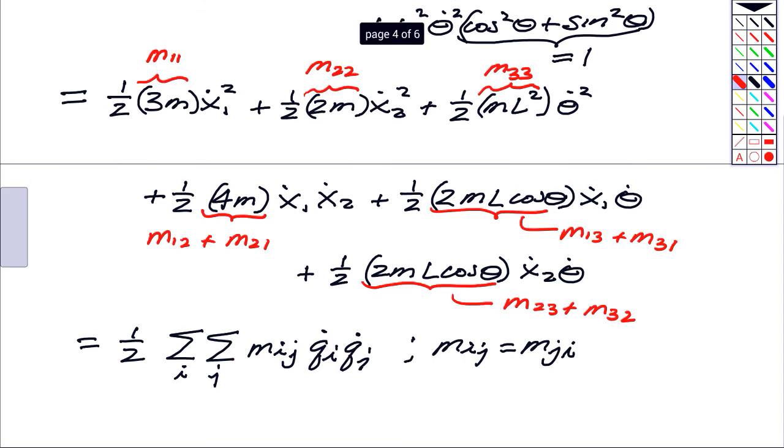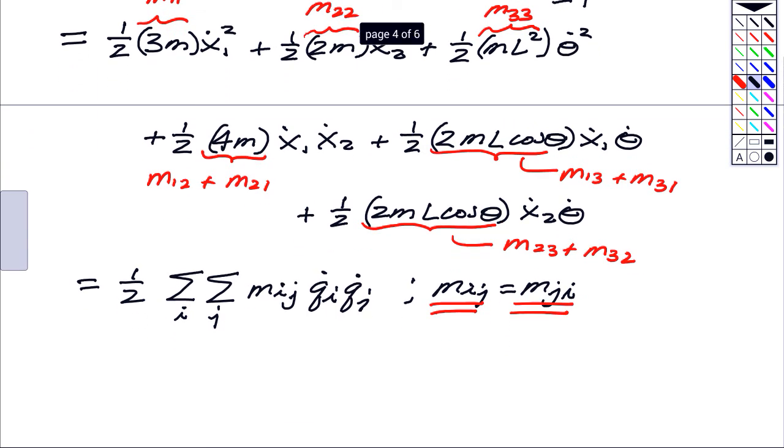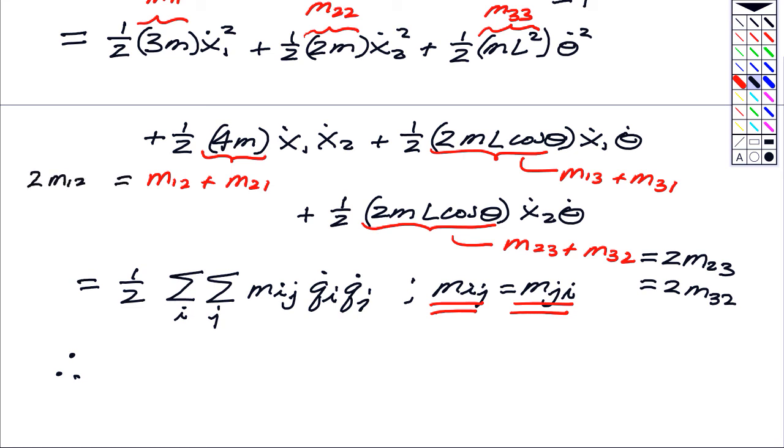Taking into account the symmetry that exists in these mass matrix coefficients, whenever I write down my m's, I know that this is equal to 2m23, which is the same thing as 2m32. This will be equal to m12 times 2, or 2m21, either one of those. And the same way for here.